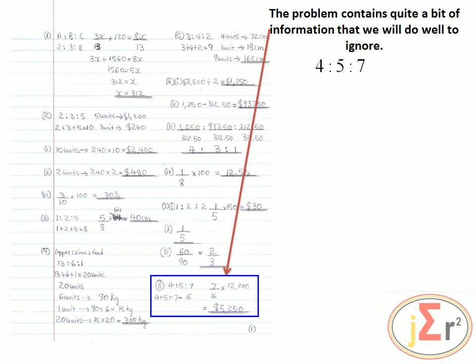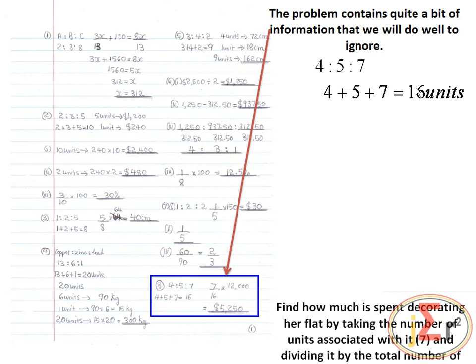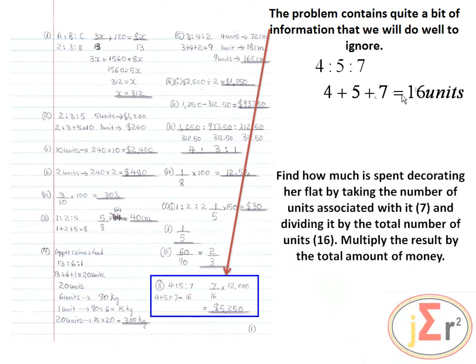And it is said then, how much did she spend on decorating her flat? And the last number is associated with decorating her flat. So there we have a total of 16 units. Decorating her flat will be 7 out of 16.